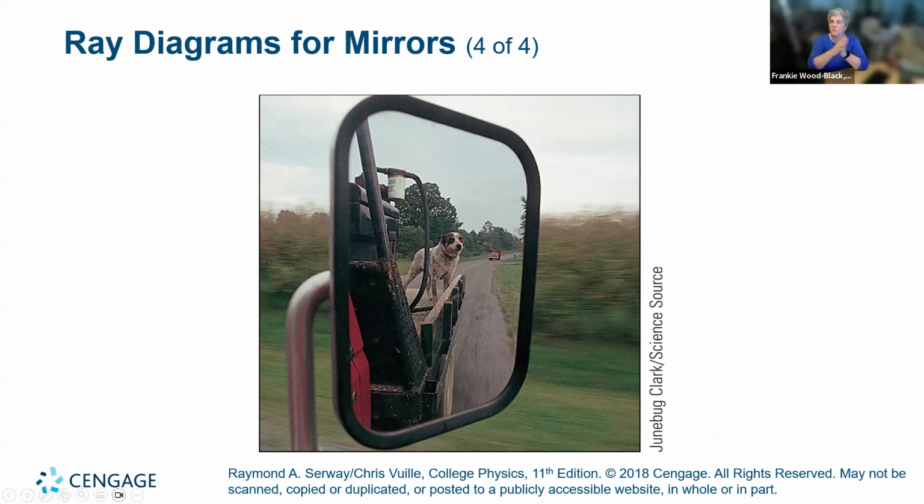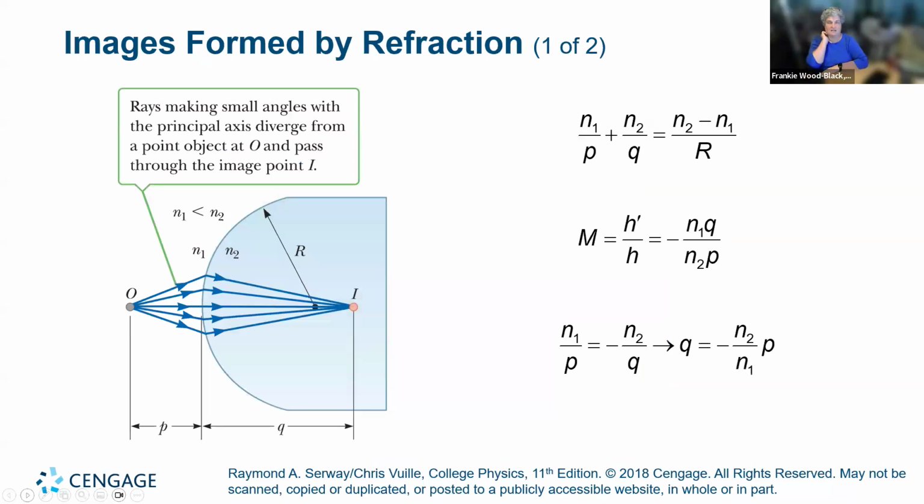Now, when we start moving into thin lenses, and thin lenses are really slick, we start talking about how we get images formed by refraction. So this is the classic paperweight problem.